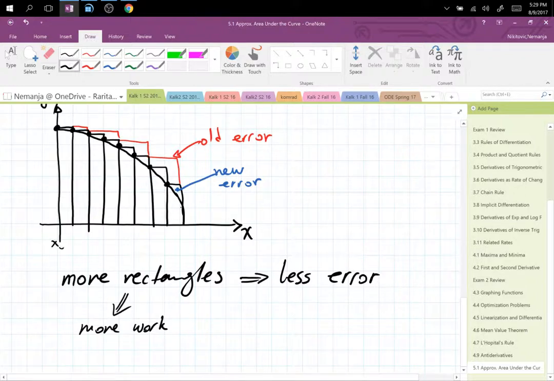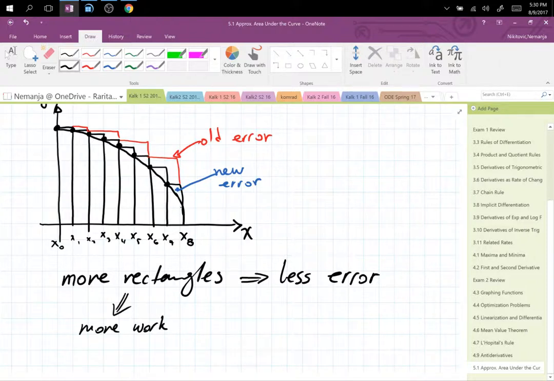We are starting at x0, x1, x2, x3, x4, x5, x6, x7, x8. There are 9 points there that are enclosing 8 rectangles, 8 areas now to be added in comparison to the 4 last time.